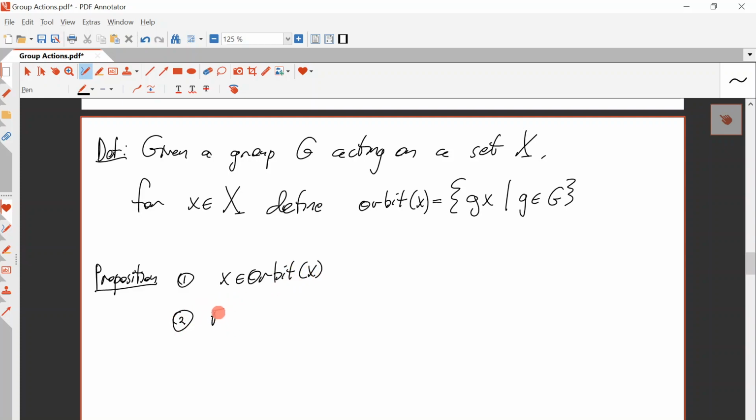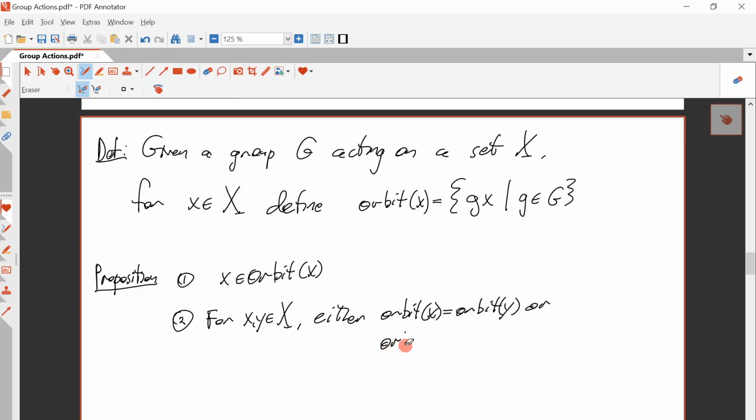Two, for all x and y, either orbit x equals orbit y, or orbit x intersection orbit y is the empty set.